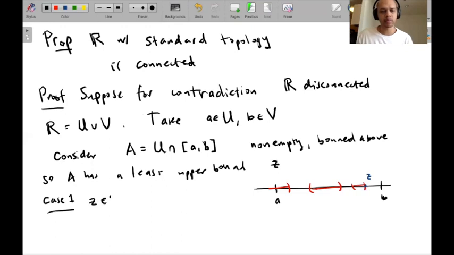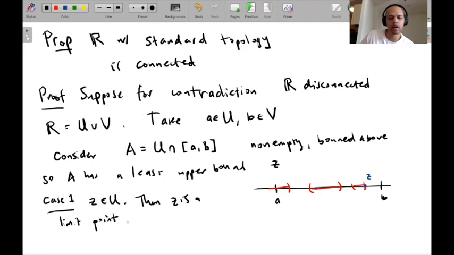Z is in U. Well, then Z is a limit point of V, because there's 2 alternatives based on the subset trichotomy.